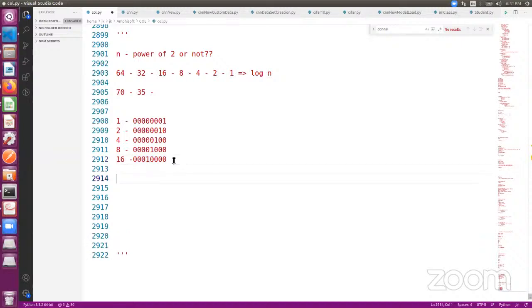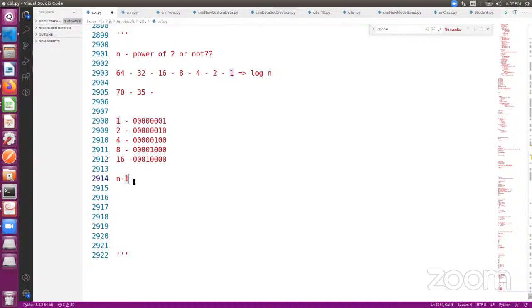Now we're going to make use of that property. Let us take n minus 1 for all the numbers. If you see n minus 1 for all the numbers, all the bits would be set as 1. For 3, these 2 bits will be 1, and for 7, all these 3 bits will be 1. And for 15, all these bits would be 1.